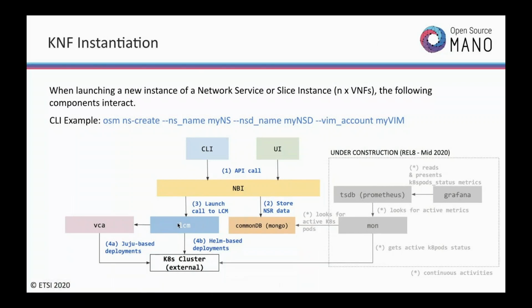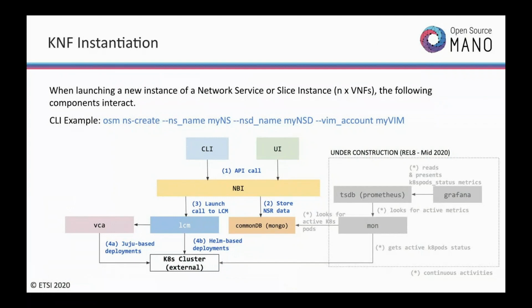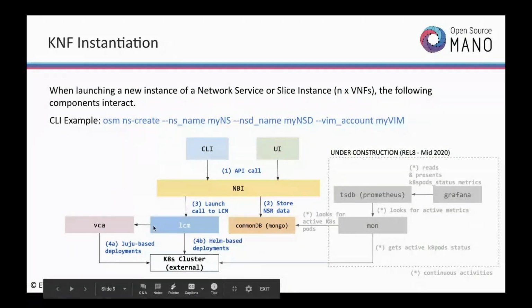We have two cases here, two mechanisms for deploying containerized network functions in Kubernetes. We have the Juju-based deployment, which uses Juju bundles, depending on the model of the descriptor of your CNF. If you're deploying that way, then VCA will take care of the instantiation through the Kubernetes cluster.